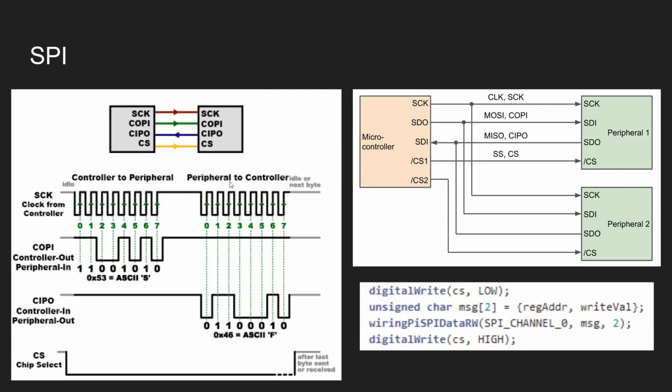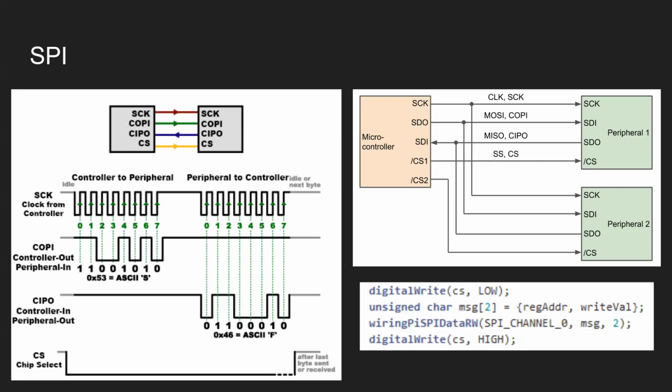Okay, so how SPI works is we do the same basic transmit and receive, but all the SPI devices are connected on the same clock and the master controls the clock.